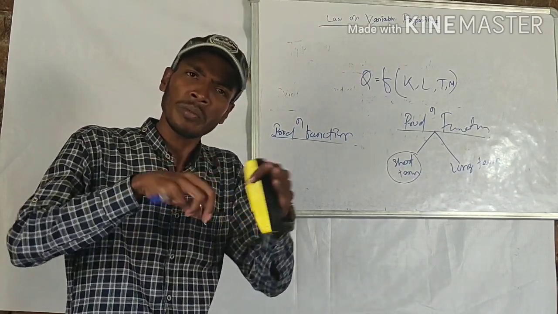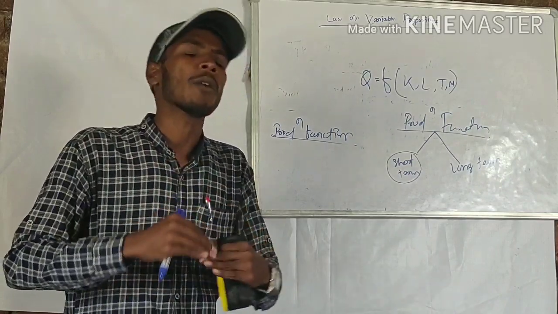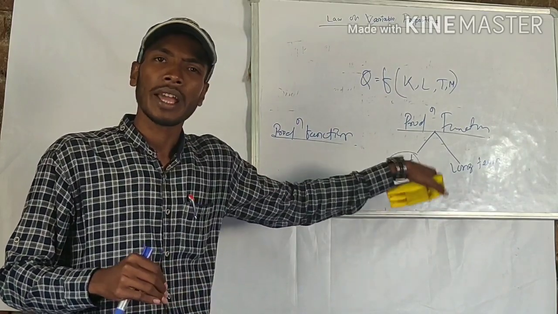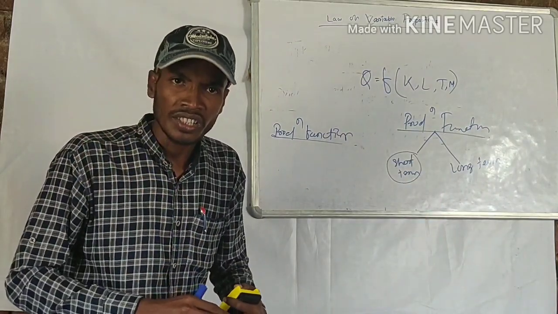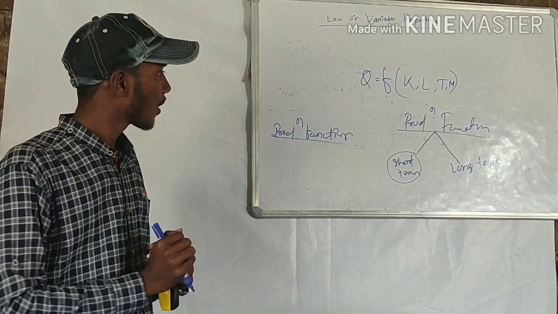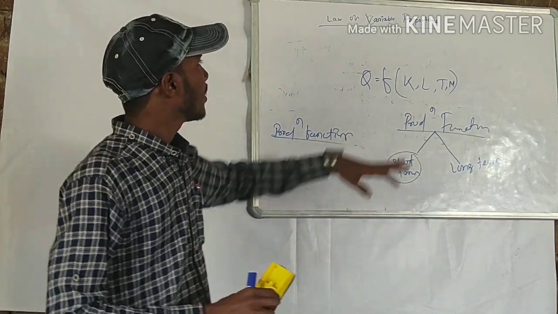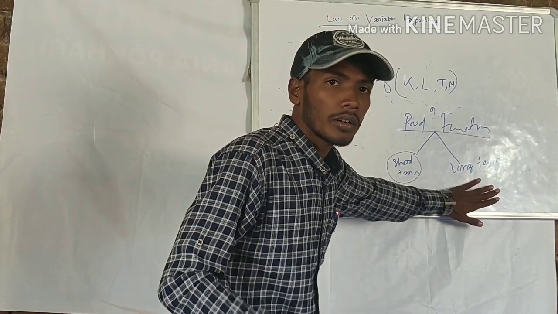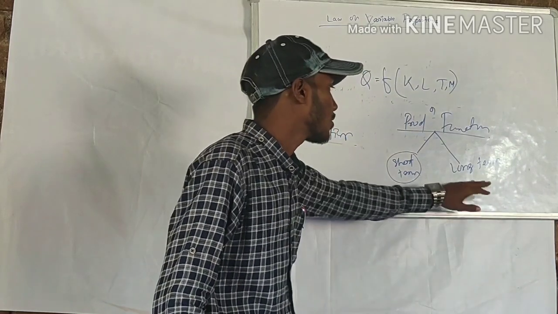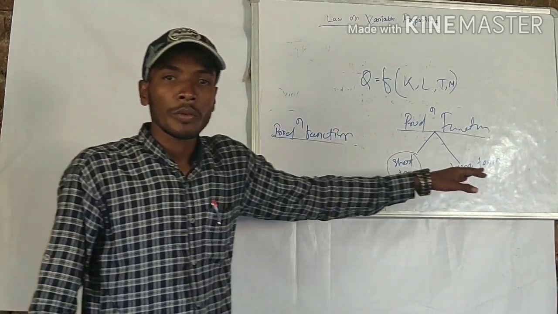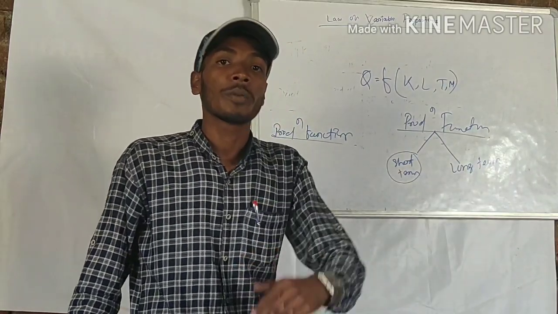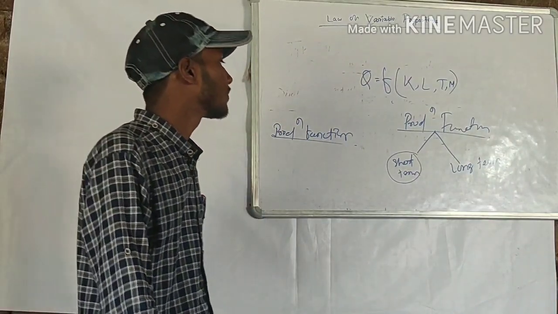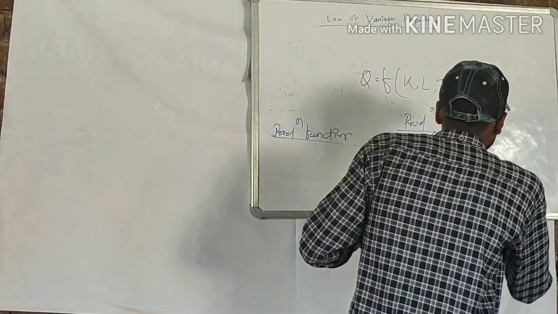We may increase our level of output using fixed factors and variable factors, not only simultaneously but also proportionally. Now, I have left one thing from this long-term production function. In the long-term production function, we will see the law of returns to scale, which I will explain in my next videos.